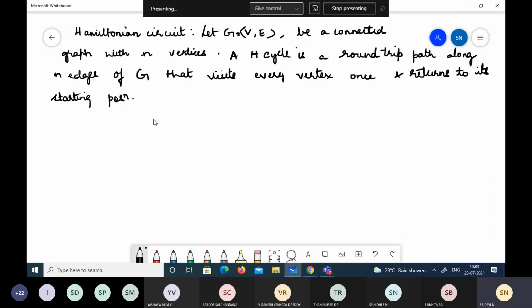Okay, so it's a connected graph with n vertices. Suppose we have a graph something like this, with vertices 1, 2, 3, 4, 5, 6.